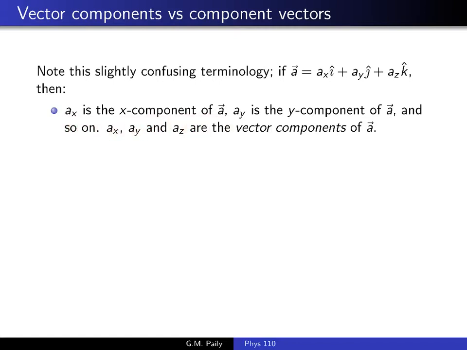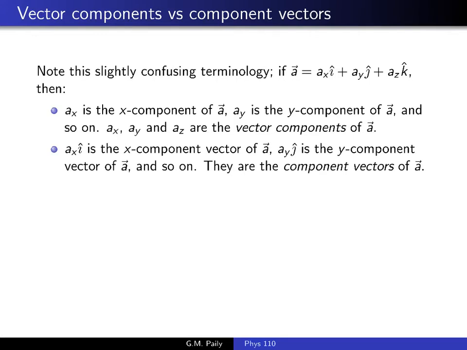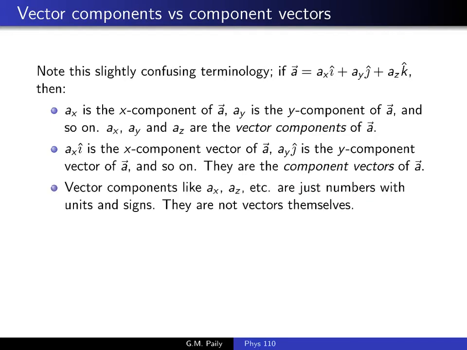AX is called the x component of A, AY is the y component, and so on. And these are collectively called the vector components of A. But once we multiply it by I hat and J hat and K hat and so on, AX I hat is the x component vector. So AX I hat, AY J hat, and AZ K hat are collectively known as the component vectors of A.